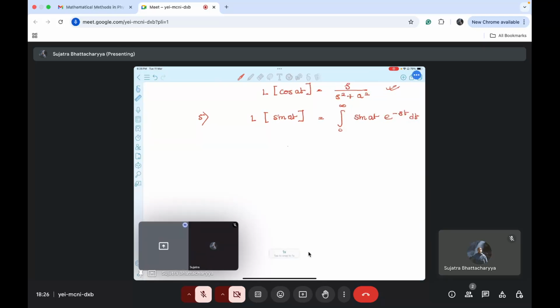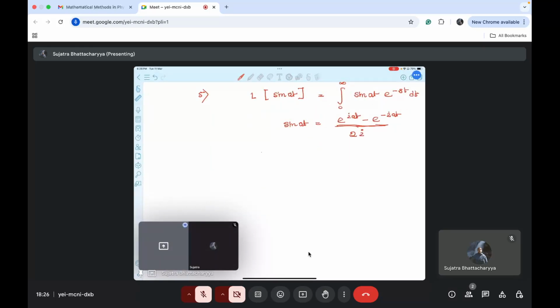We know that sin of at can be written as e to the power iota at minus e to the power minus iota at, but in the denominator, you have, instead of 2, you have 2 iota. Okay. So just put this and solve. I will solve it step by step. So e to the power iota at minus e to the power minus iota at, divided by 2i, and into e to the power minus st dt.